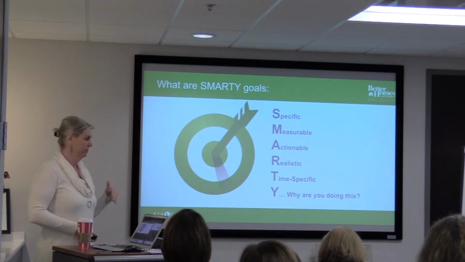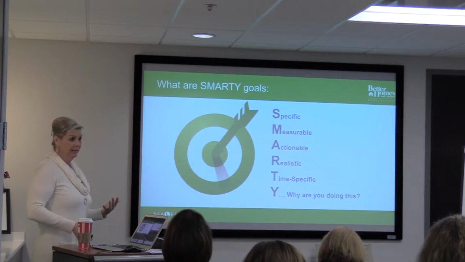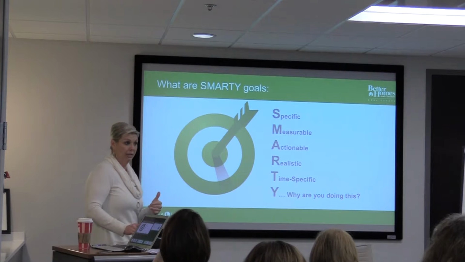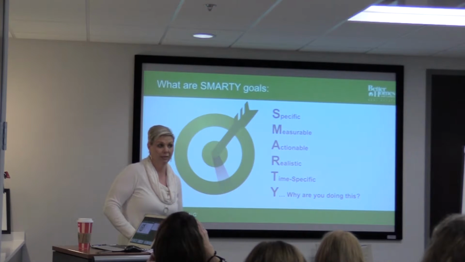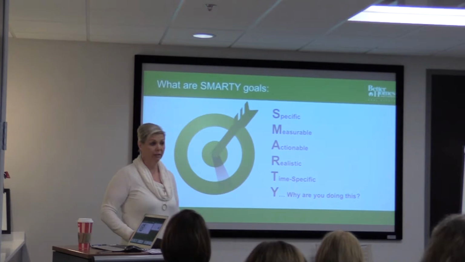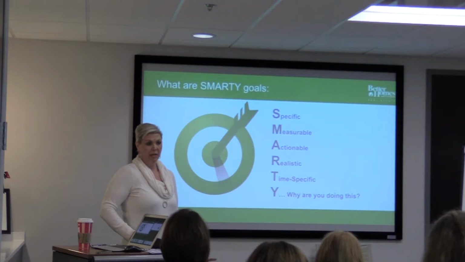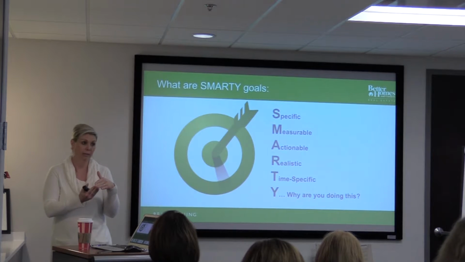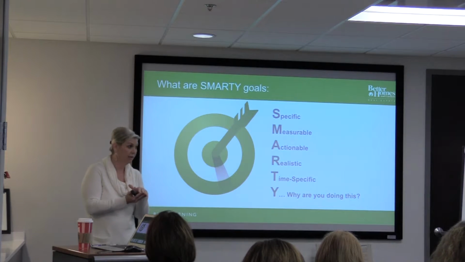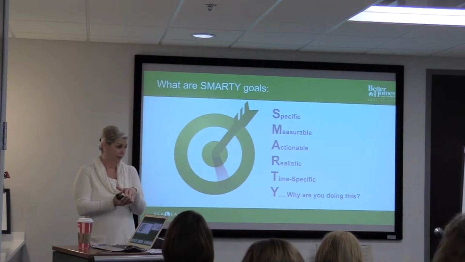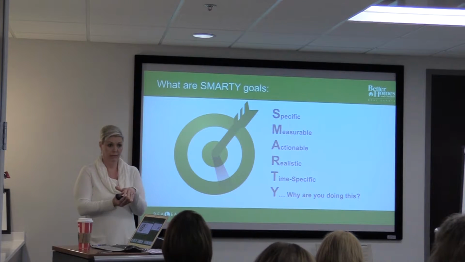Actionable. It's pretty self-explanatory. Realistic. I'm not saying to be Debbie Downer. It drives me nuts when people say, well, my goal is just to do as much as I did this year. That might be your goal, and that's okay. If that's realistic for you, that's fine. It would be unrealistic, and make sure they're not unrealistic, because you will end up frustrated and deflated if you have never done a $30 million year.